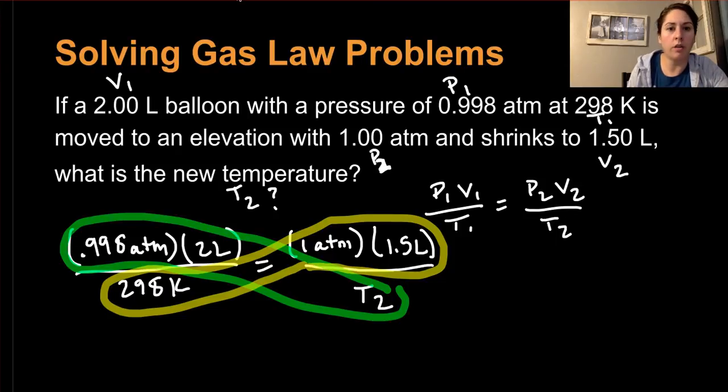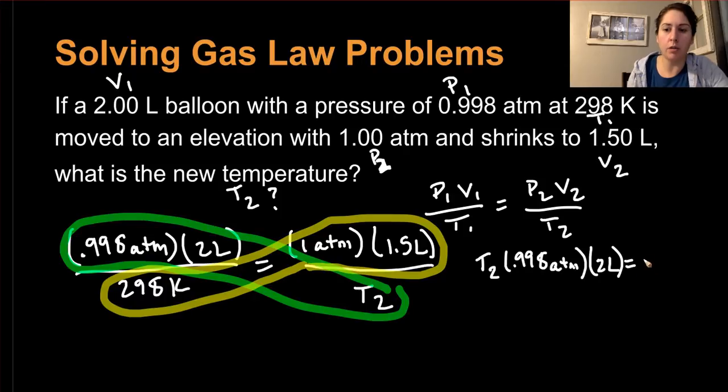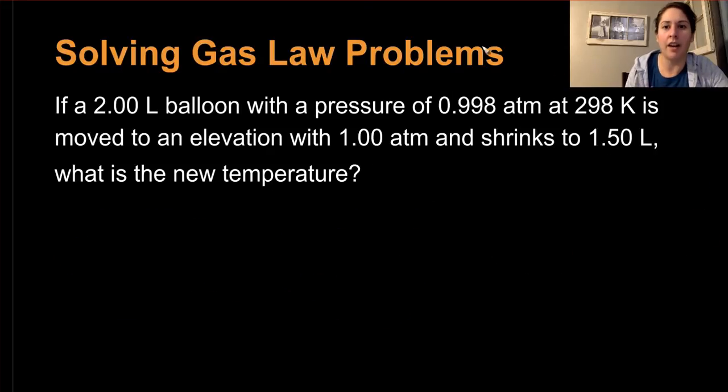So when I do that, I end up with T2 times 0.998 atmospheres times 2 liters is equal to 1 atmosphere times 1.5 liters times 298, and I am completely out of room. Let me clear that out, and I'll write the rest of it.